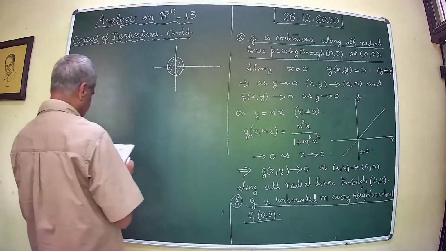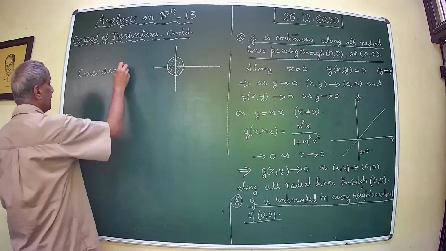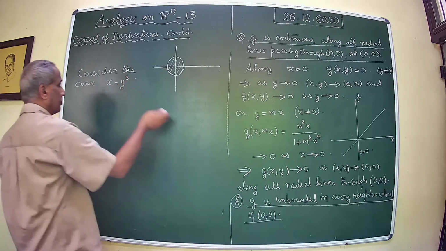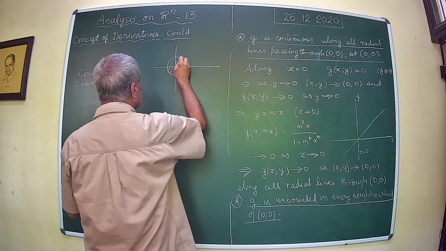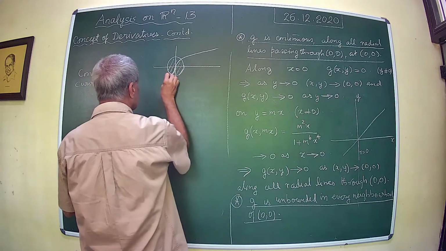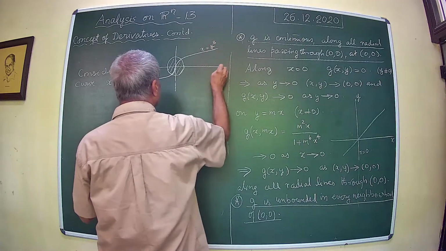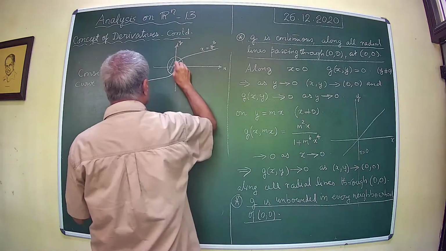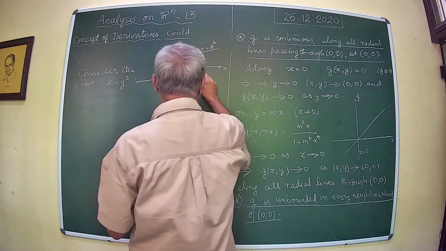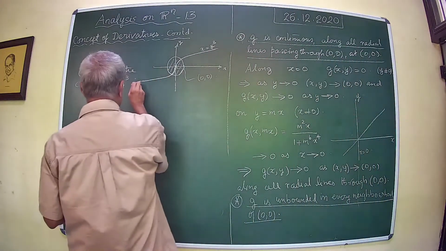For that, what one does is we take the curve, and now you see that this is the point. Now this is the curve that we are looking at.